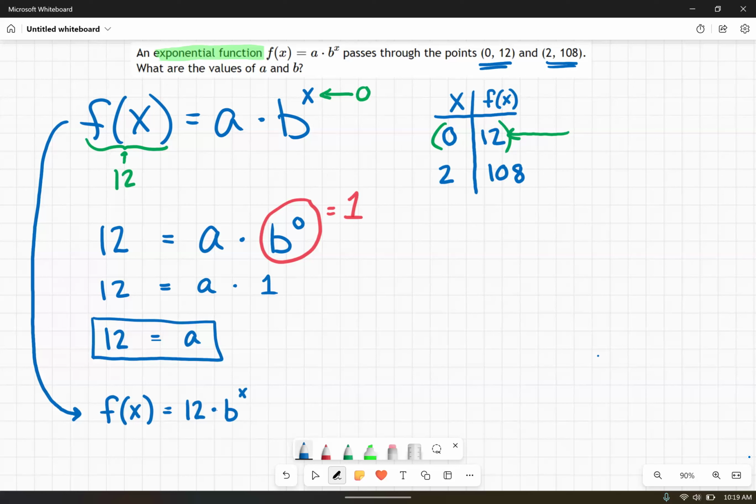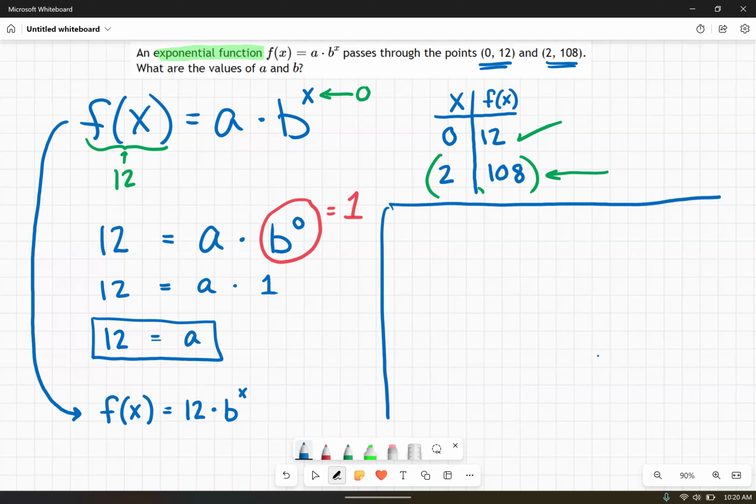And now let's just repeat the process. So we've used the first point. All right, let's put a little check mark next to the first point. And now let's use the second point. Let's say f of x is equal to 12 times b to the power of x.